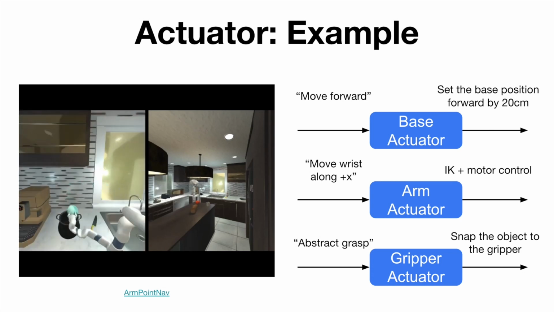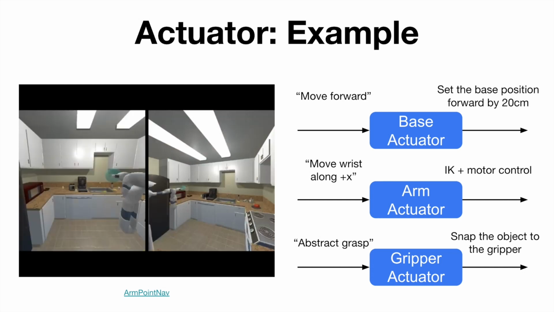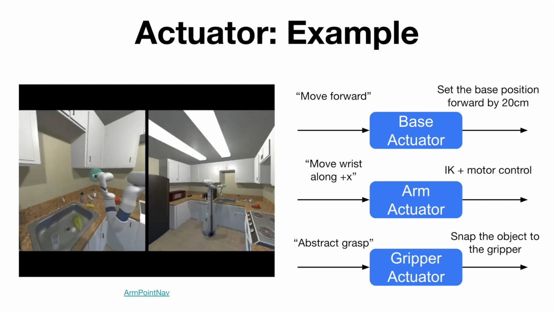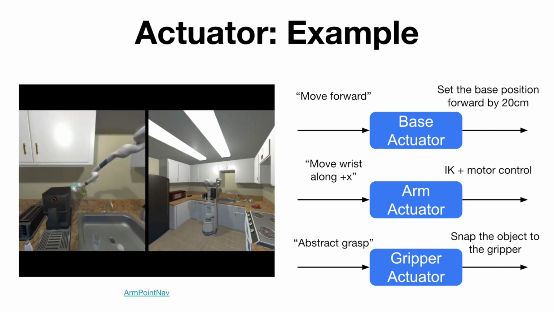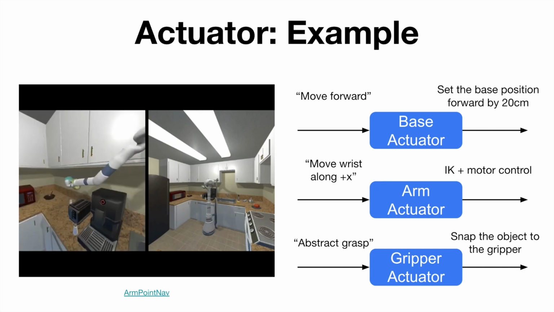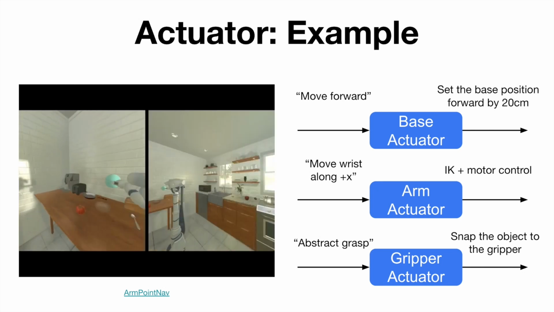It then computes the target joint positions by inverse kinematics and controls joint motors to reach those positions. The gripper actuator is implemented as a magnet, and the object can be snapped to the gripper if they are close enough. This process is non-physical as well.